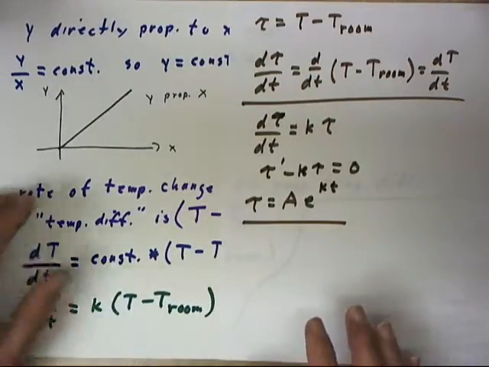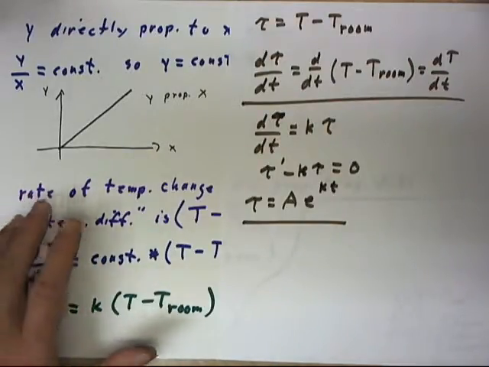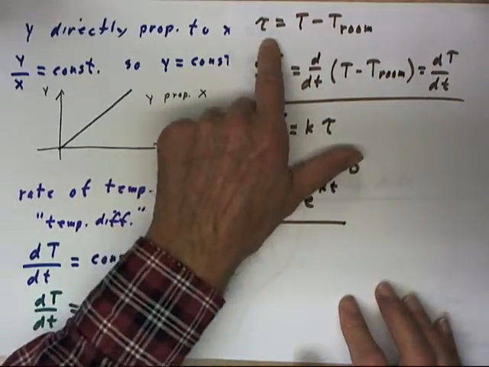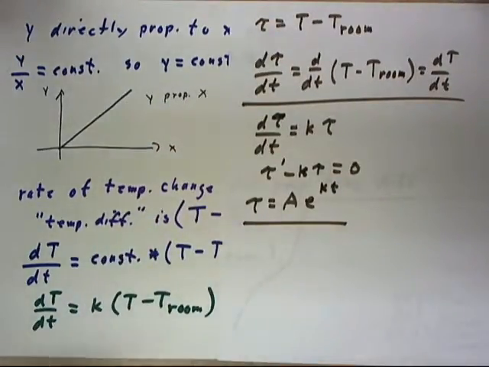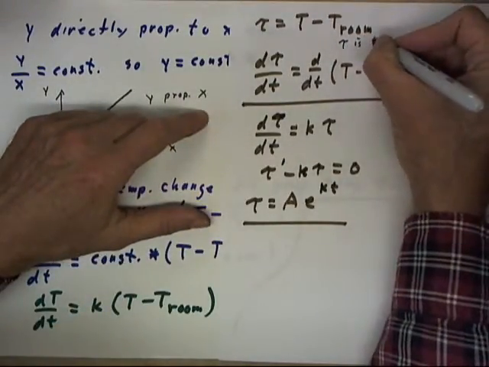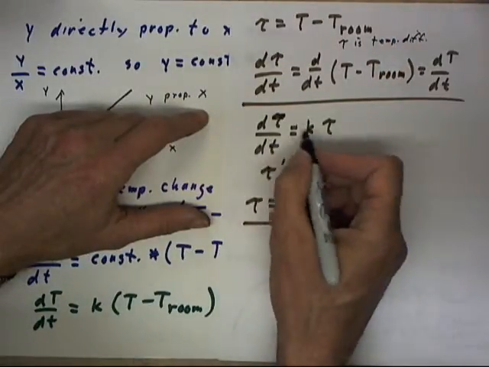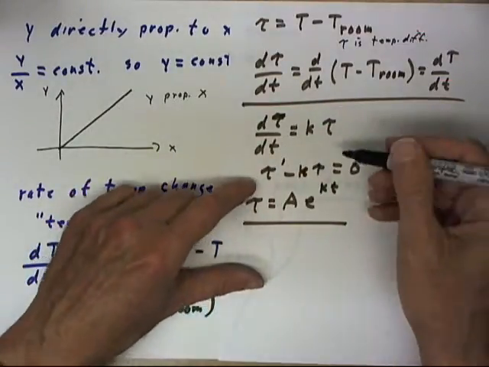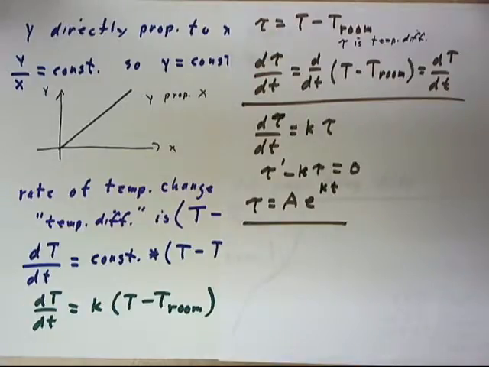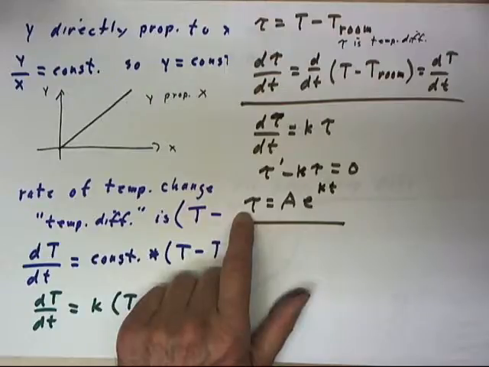But we see that we can take this statement of proportionality between the rate of temperature change and the temperature difference, translate it into the variable tau, and we'll notice that tau is the temperature difference, and write this equation in a simple form, which we've already solved in terms of compound interest, or we've solved in general, just using the variable p instead of the variable tau.